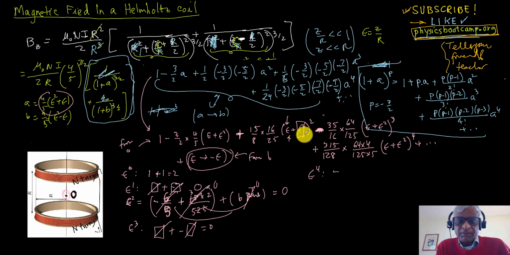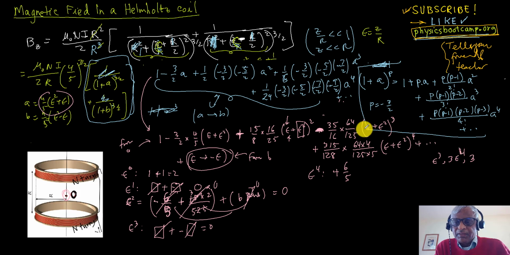When I square it, the factor is 1, and then this whole thing over here is 6 over 5. So plus 6 over 5. And over here, when you expand this, you get an epsilon cube, and then this square times this, 3 epsilon square, and then epsilon to the 4.